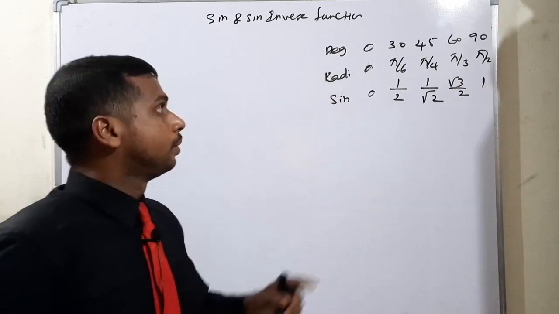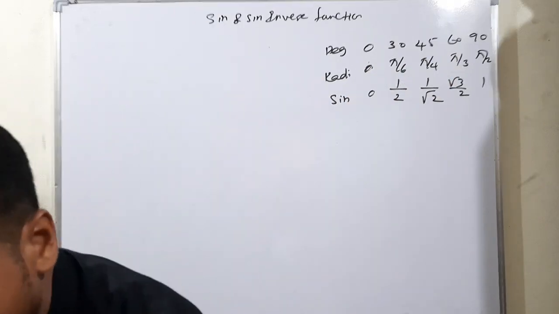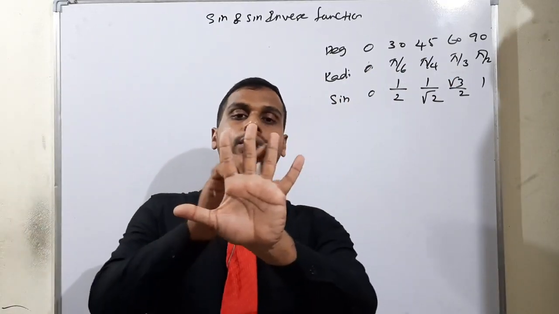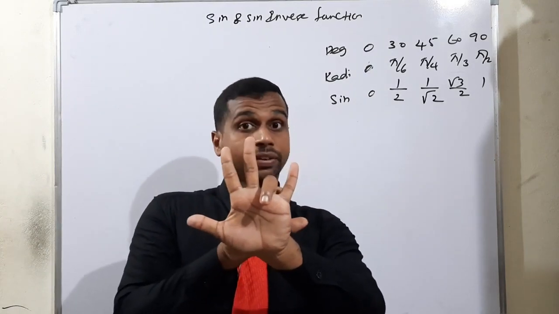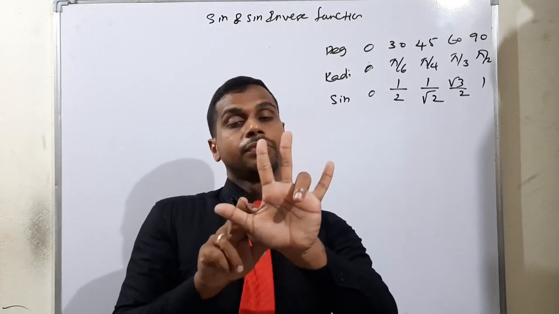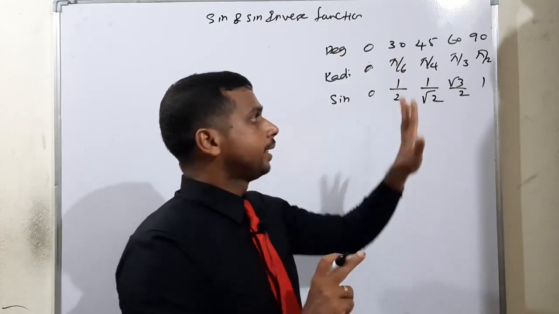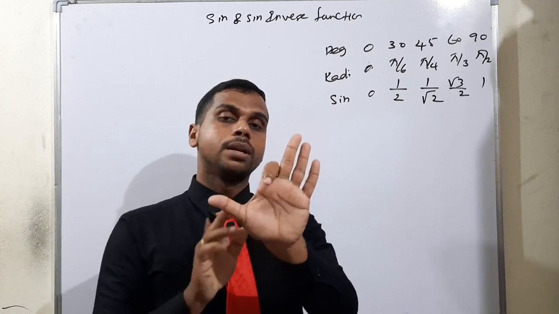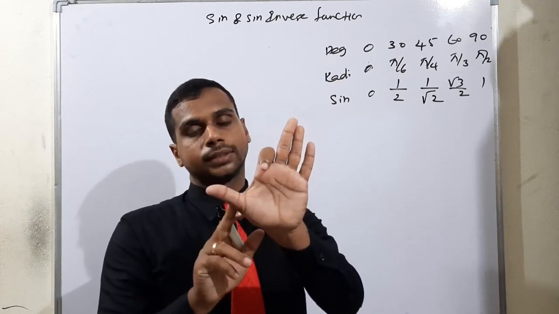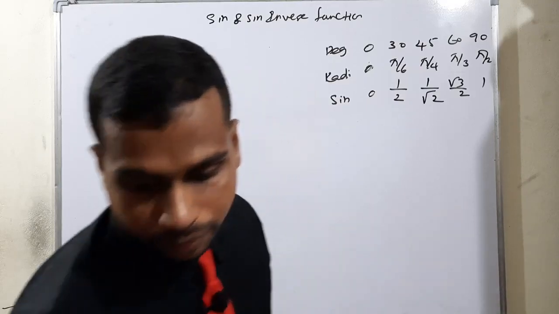For sine 60, count 0, 30, 45, 60, fold the ring finger and count the fingers remaining on the thumb side: root 3, therefore root 3 by 2. As well as sine 30, which is pi by 6: fold the index finger, and only one finger remains on the thumb side. So root 1 is 1, so 1 by 2. This is the sine value.